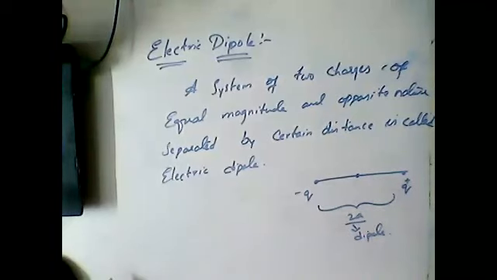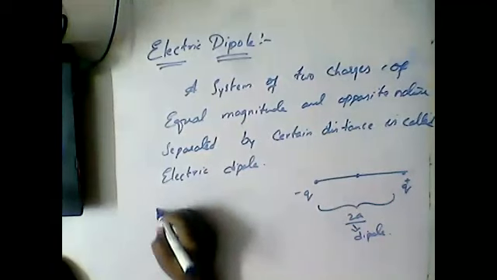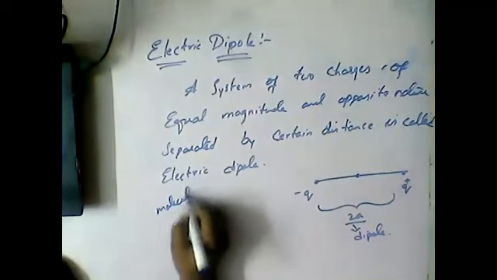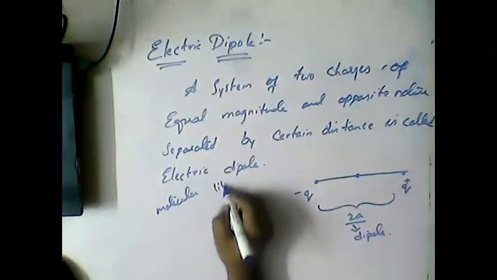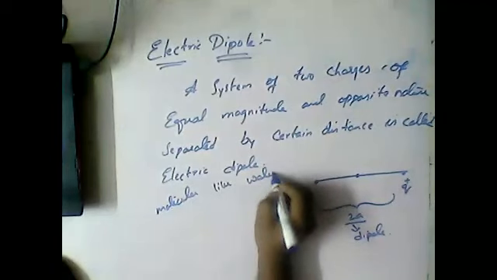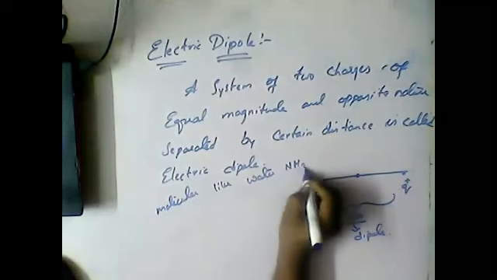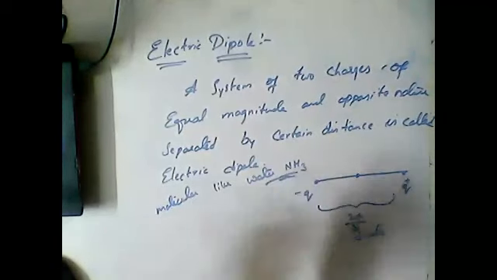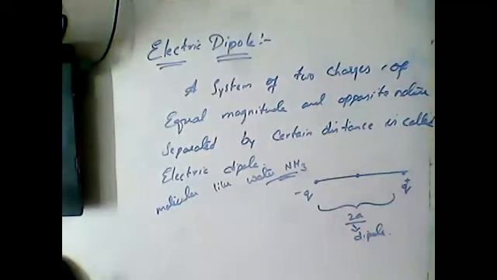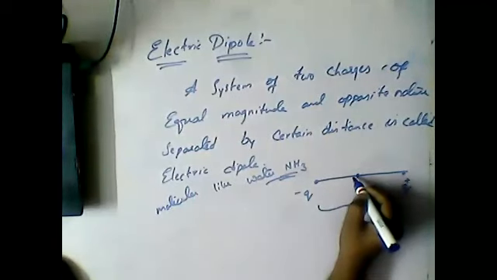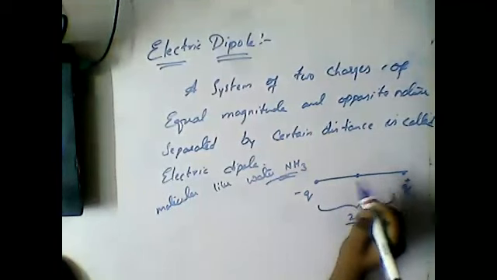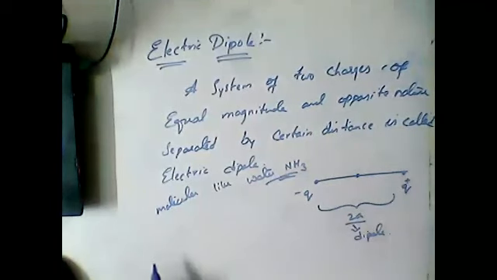Molecules like water and ammonia will have this electric dipole. The centers of the positive and negative charges are separated by very small distances.